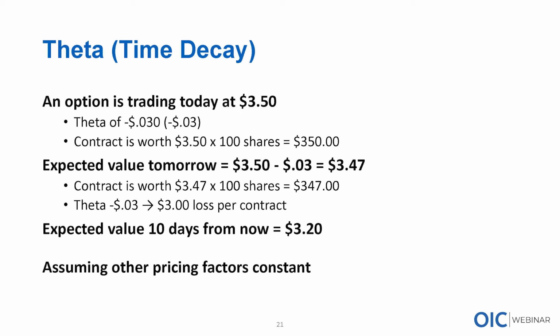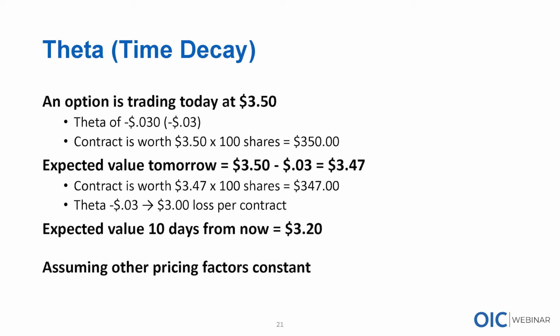So what is our expected value 10 days from now? Well, you would take 10 days, multiply it by 3 cents. That gets you to 30 cents. So 30 from 350, that gets you to 320. So all things being equal, that option should be worth about 320. Now, is that going to be accurate?